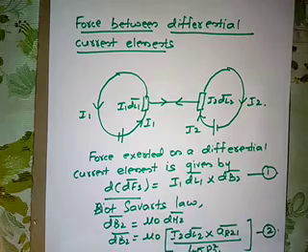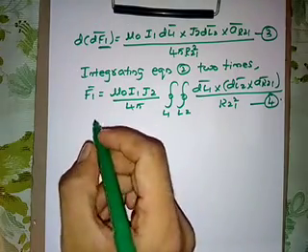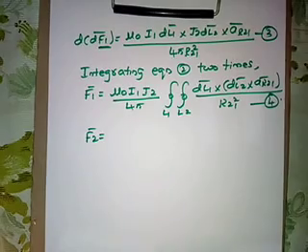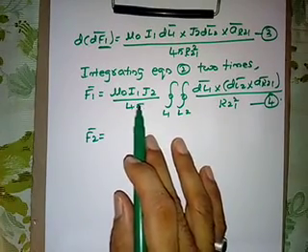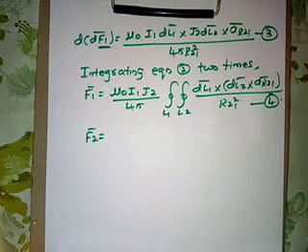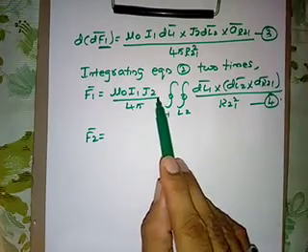So that force, F2 bar, exerted on current element 2 due to the magnetic field B1 bar produced by current element 1, we can find simply by changing the subscripts. Wherever it is 1, make it 2, and wherever it is 2, make it 1.